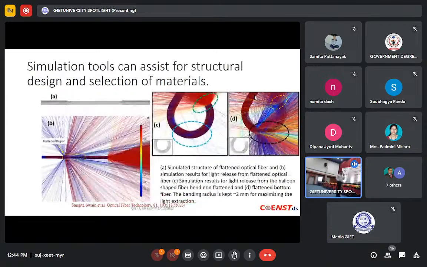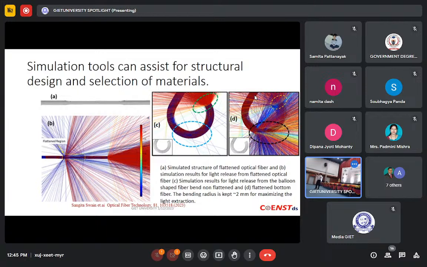Now, as I said, the first thing you have to do is make a simulation and see which geometry will work. Here we are trying to understand what happens if I do certain bending. This is not just bending as I showed before; this is something like a balloon. So we are trying to understand, if you take a fiber and bend it in a balloon shape, how the light is leaking out.